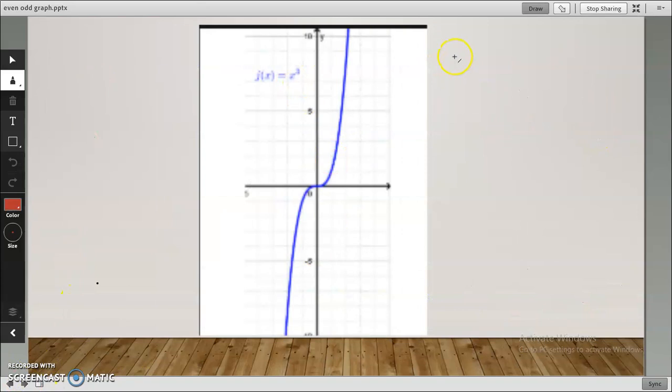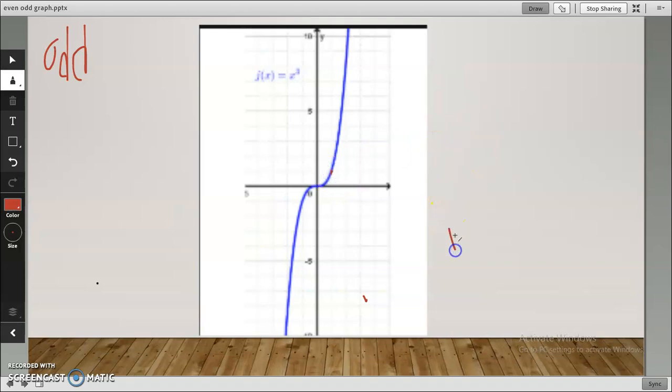All right, here's another example. Again, I can look at this and see that it's definitely not even, but the diagonals here look the same, and the diagonals here look the same. It looks like it's probably odd. So again, I'm going to choose, let's see, what is a good number to choose? Let's choose 1.